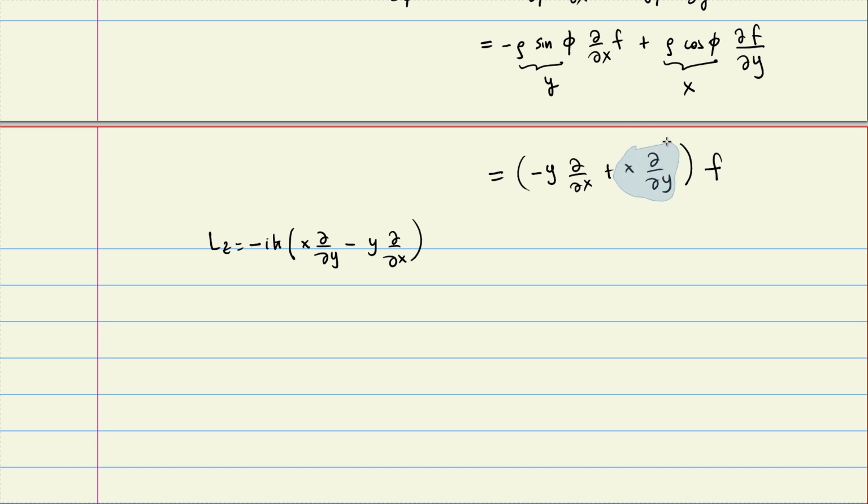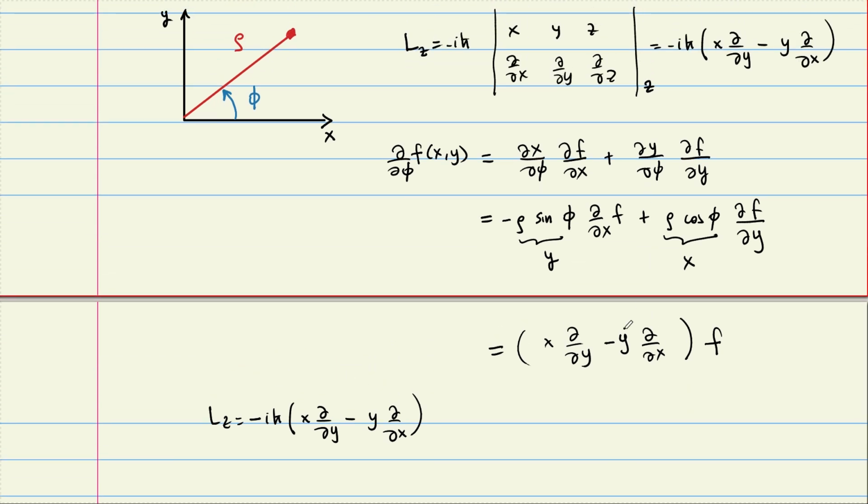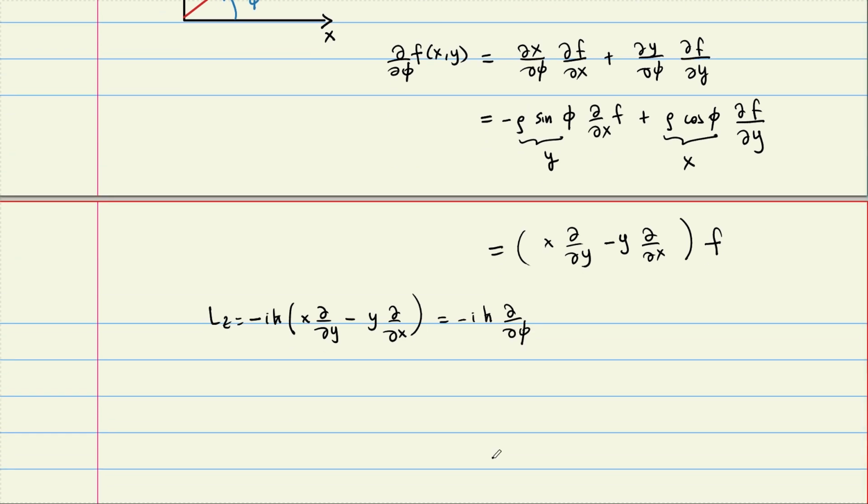So I'll take x to this side, y to this side, and compare. This is ∂φ, x ∂y minus y ∂x, and this is minus iħ ∂φ. And now I can identify my Lz with minus iħ ∂φ.